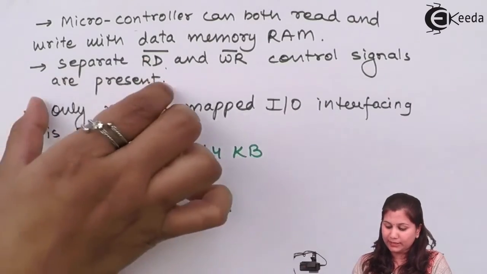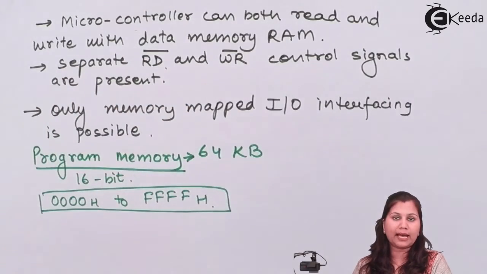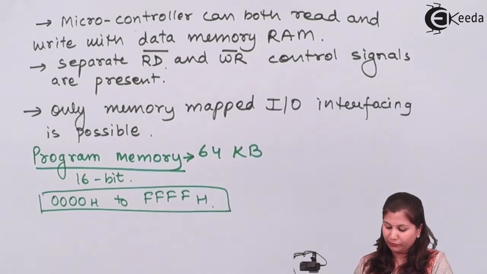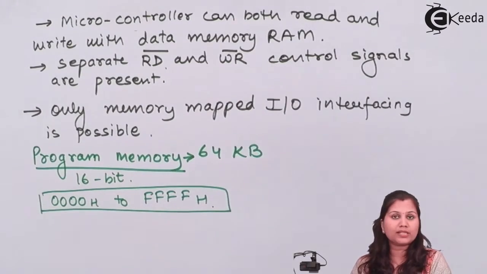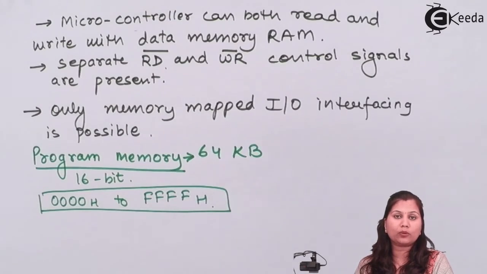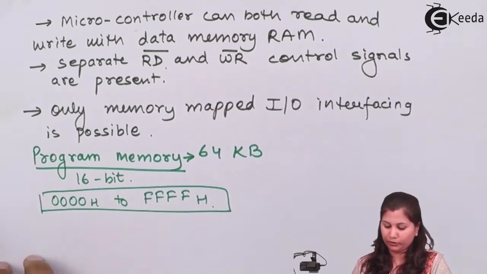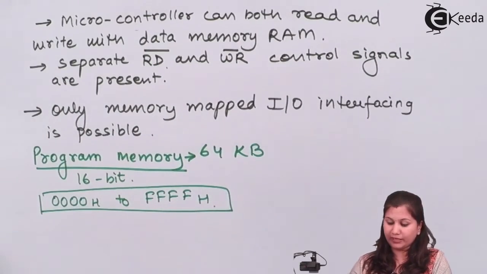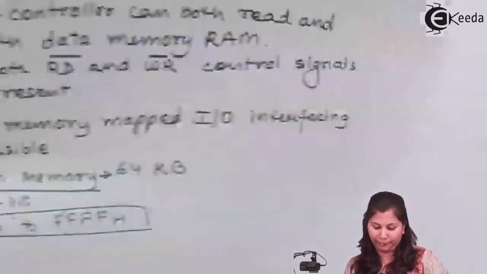Now, as we have studied, the program memory can only be read. The programs can only be read from it. And we use the signal PSEN, that is program store enable, to access the programs in it. Now let's see how this PSEN signal affects this program memory.